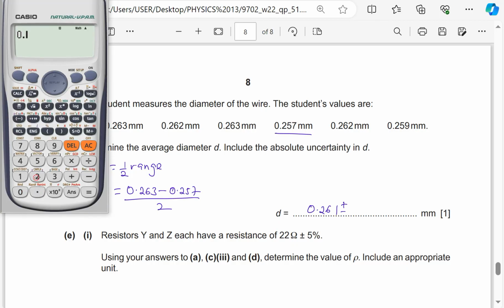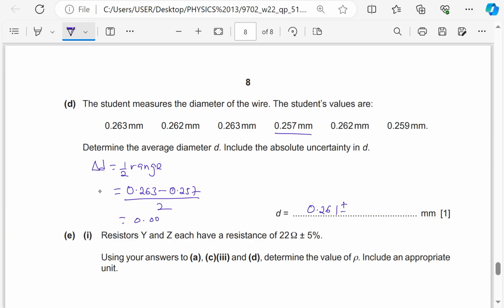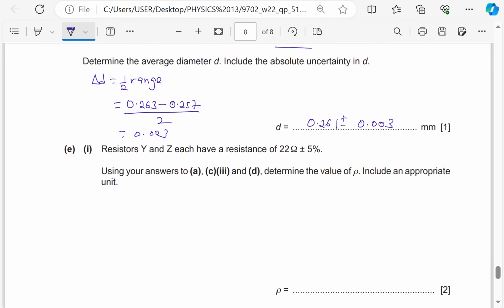So 0.263 minus 0.257 divided by 2. So that is 0.003.